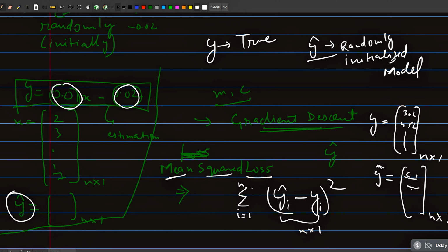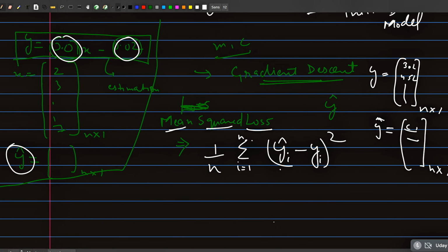Okay, and then we also squared them and then we summed it up, and since it was mean, we divided it by n. Okay, got it? How we defined it?